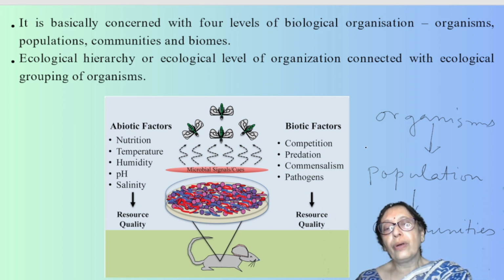Now, when we are talking about the abiotic factors, it is mainly dealing with air, water, light, temperature, humidity, soil conditions like pH of the soil, salinity of the soil, nutrient qualities, nutrient amount, etc., which are utilized by the plants and all other living organisms through the food chain.